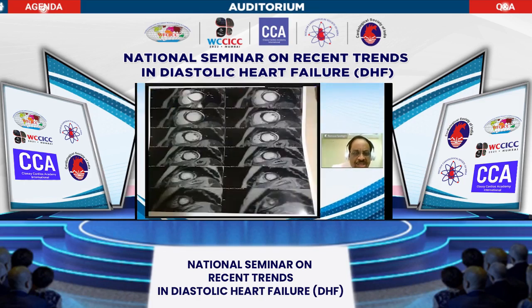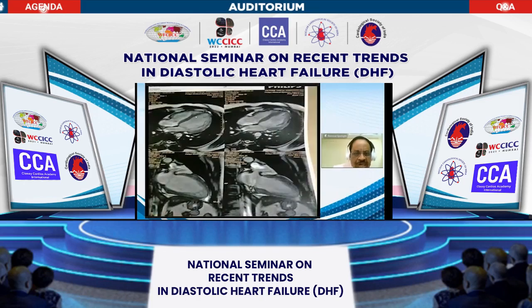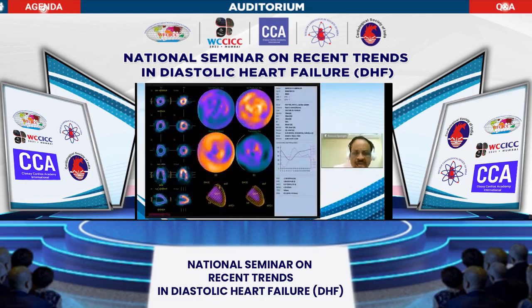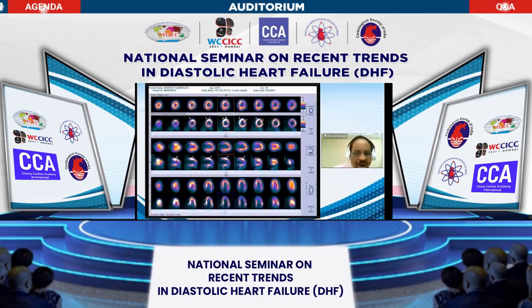That is the MRI picture of the same patient. Here you can see the hyperenhancement. Then we did a resting perfusion scan of the same patient. Ejection fraction is normal, 56%. Let's see how it looks in sarcoidosis. See here, clear-cut focal increased uptake in the anterior and the inferior area, showing active sarcoidosis.